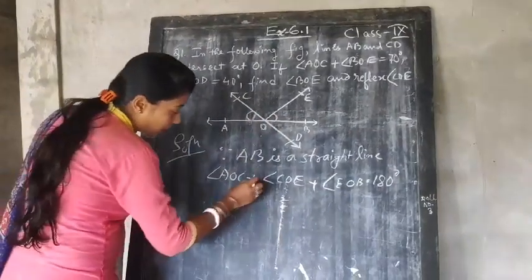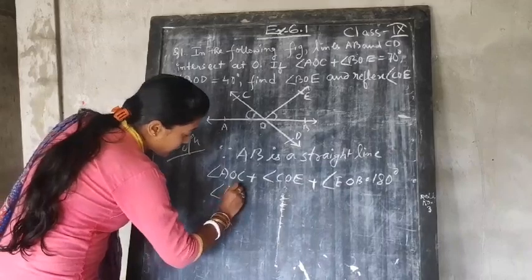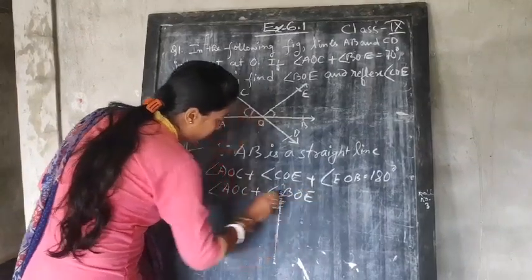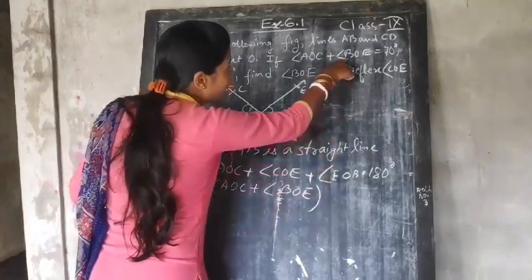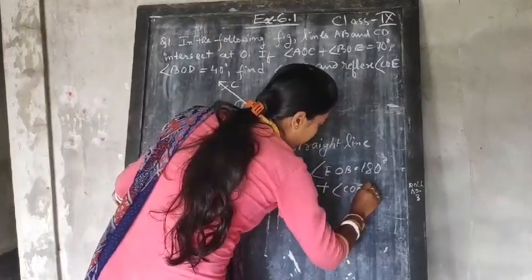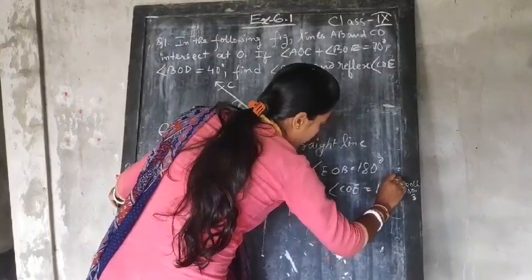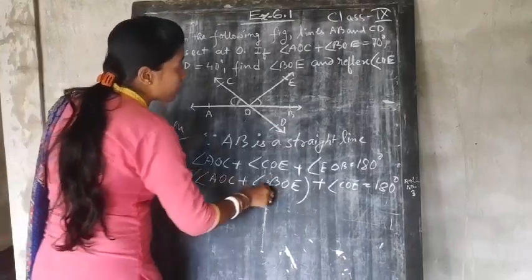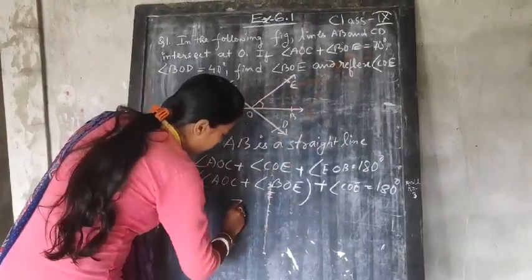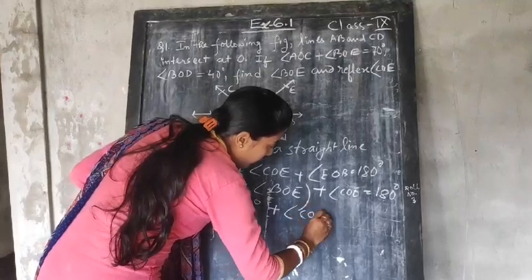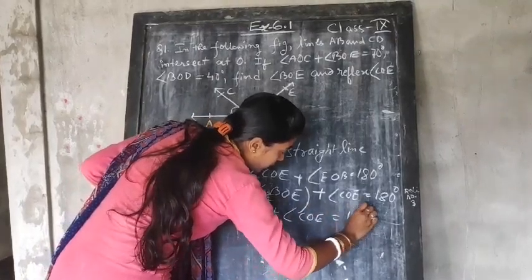Now from here what can we write? Angle AOC plus angle BOE we can bring together, as this one is given to you, plus angle COE equals 180 degrees. Now put the value: angle AOC plus angle BOE is 70 degrees, plus angle COE equals 180 degrees.